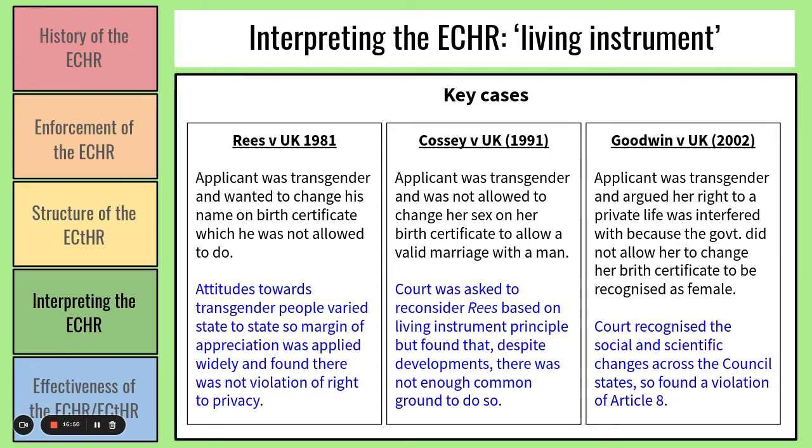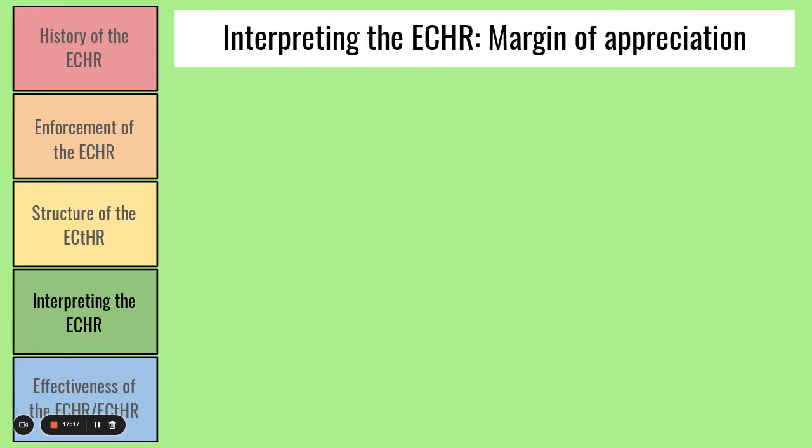There was a consensus now across the party states that transgender people should be recognised as the gender that they are transitioning into. So it was a violation of Article 8, not allowing her to change her birth certificate to be recognised as female. So there have been positive changes through this living instrument principle, reflecting society's views.